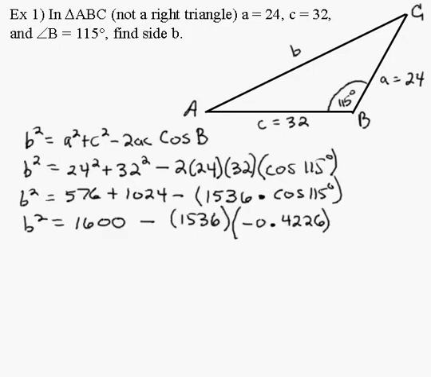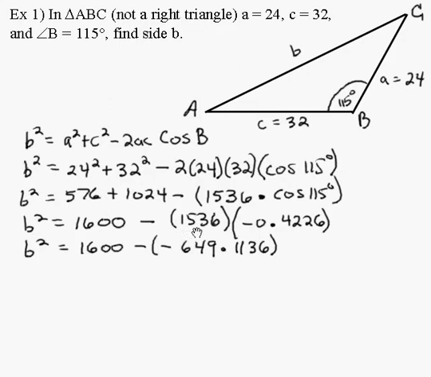And now let's look up the cosine of 115. That's in quadrant 2. Your calculator knows that cosine in quadrant 2 is negative. So when you type 115, hit the cosine button, you will get negative 0.4226 when you round it to 4 places. All right, and then 576 plus 1,024 is 1,600. And I need to do this multiplication before I subtract.